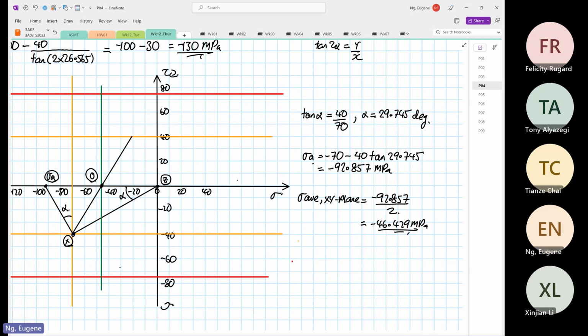So now we know that this is alpha. This is also equal to alpha. And then we are aware that the angle over here is 2 alpha. This is also equal to 2 alpha. Okay. So now this is, I call it our stress Y3, okay? So we can find our stress Y3.